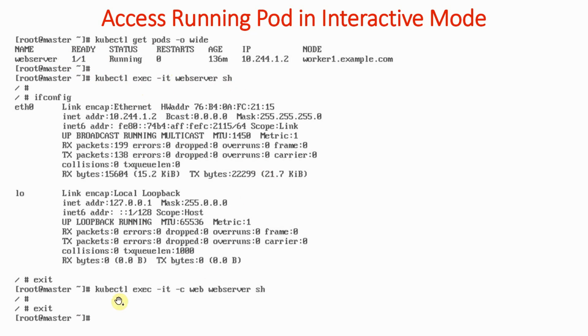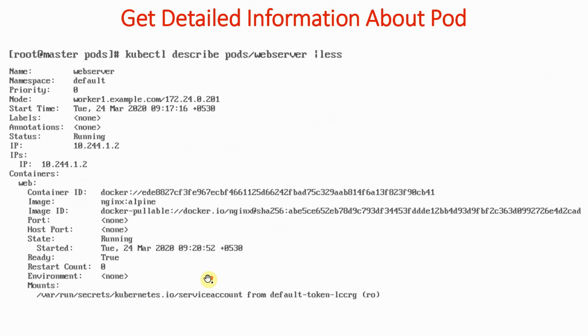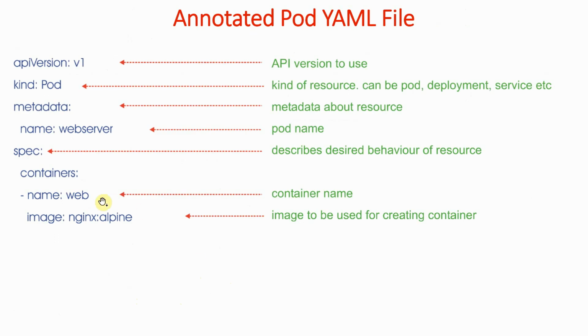Suppose there are two containers and we want to interactively communicate with one of them. So what command can you run? kubectl exec -it, the name of the pod, with -c you can specify the name of the container. In our case, please remember when we were creating the file, let me again show. We named the container web.